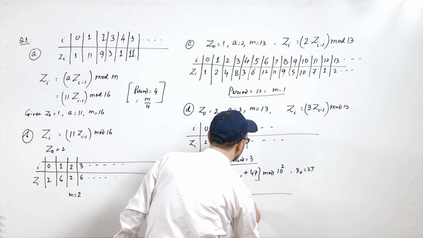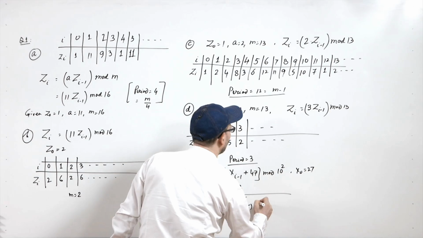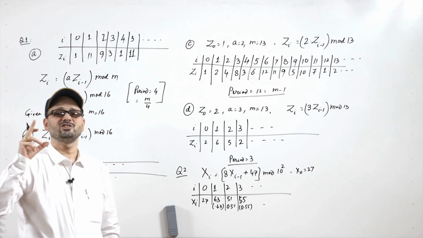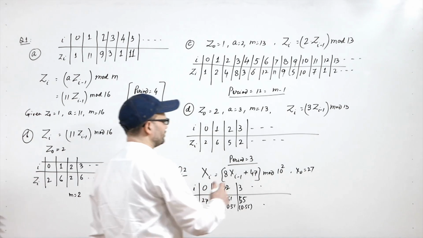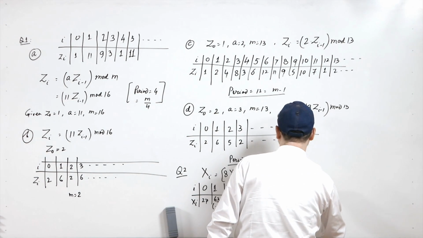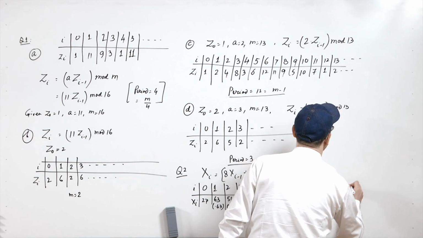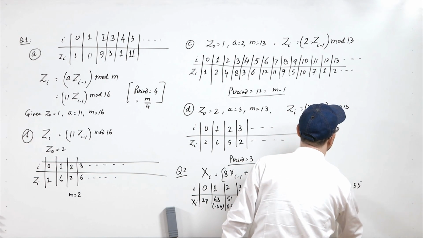So, you will get the variate as 0.55, and this way you can go. What you see is that the 3 variates in 0 to 1 are 0.63, 0.51 and 0.55. This is the answer.